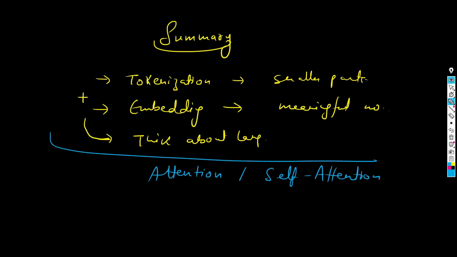Attention and self-attention is how the AI decides what to focus on inside a sentence. Once you have built up a meaningful relationship, what should be given more priority? If I get "India is", whether I should go with beautiful, a country, or something else. This is how the AI has to decide which particular word to focus on, and that's something we are going to look into in the next video, on attention and self-attention.